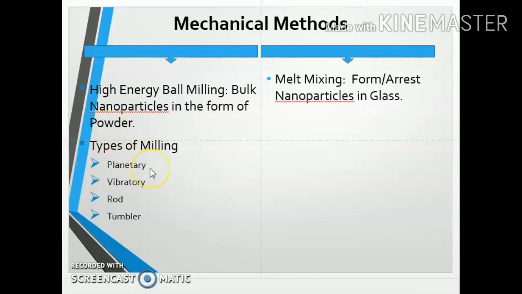The first one is the planetary mill, second is the vibratory mill, third is the rod mill, and the last one is the tumbler mill. Whereas the second method that can be used in the mechanical method is melt mixing. So different nanoparticles are arranged in glass in this mechanical method.